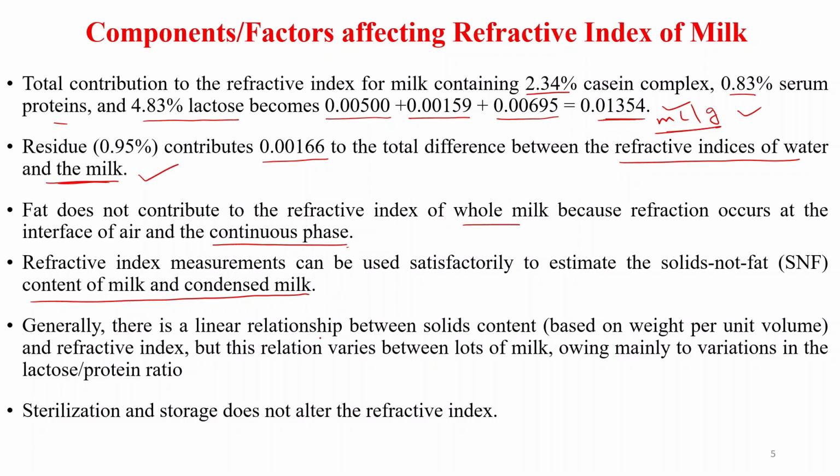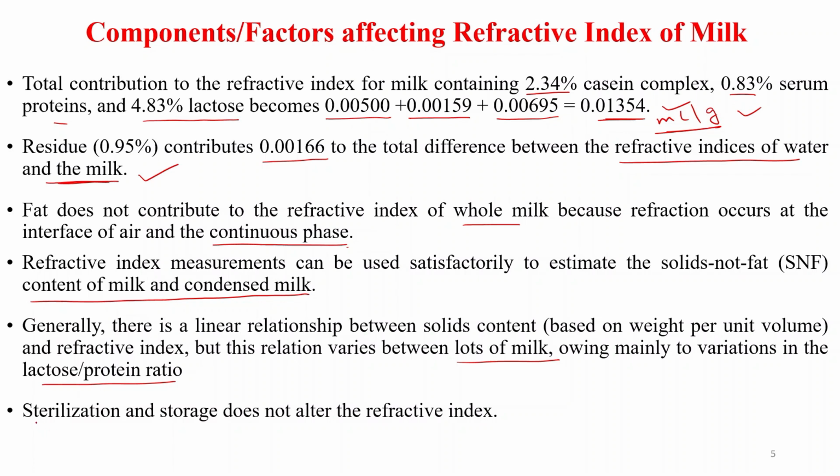Generally, there is a linear relationship between the solid content and refractive index, but this relation varies among milks because the composition varies, especially the lactose and protein ratio. Therefore, it becomes a little difficult, and the refractive index of milk cannot be determined with accuracy.